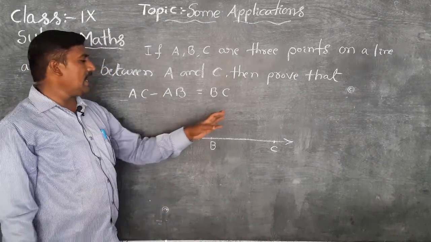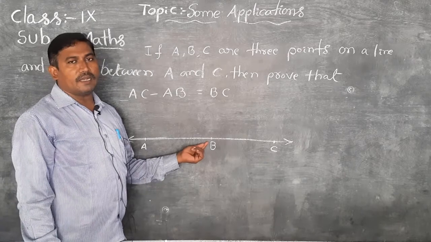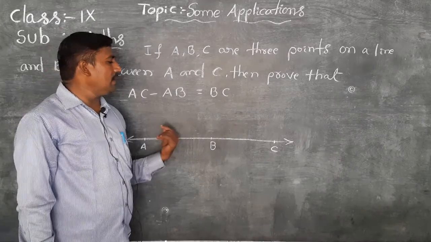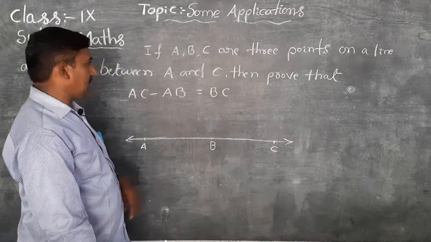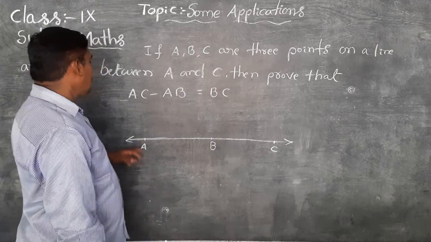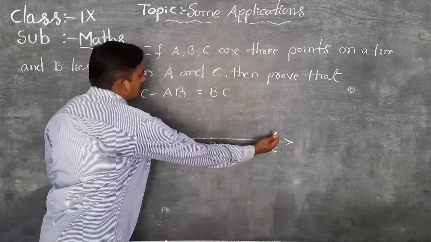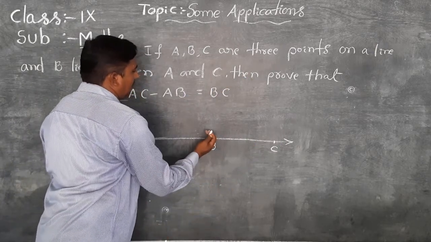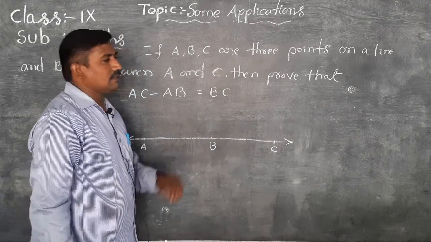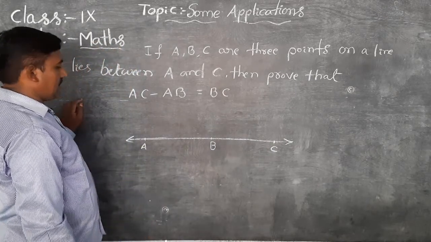In this line AC, B is the point in the middle of A and C. Then prove that AC minus AB is equal to BC. They are saying like this.